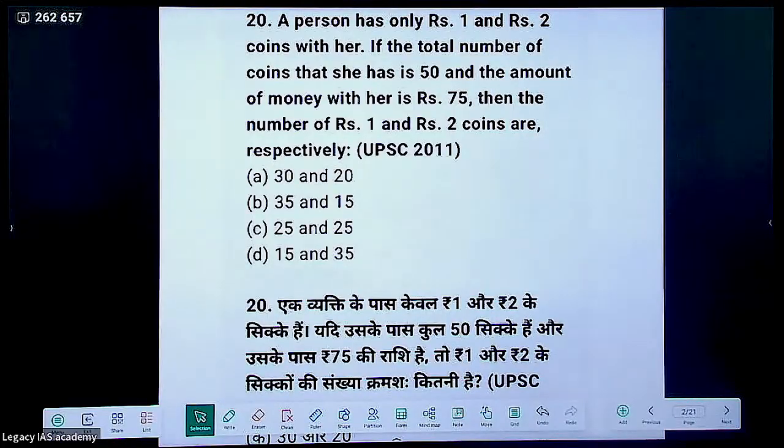See, this is the total number of coins. Okay, you may have 1 rupee coins, 2 rupee coins. If I ask you how many coins do you have, you'll just count the coins. This is simply x plus y is equal to 50. The other part is about the amount of money.